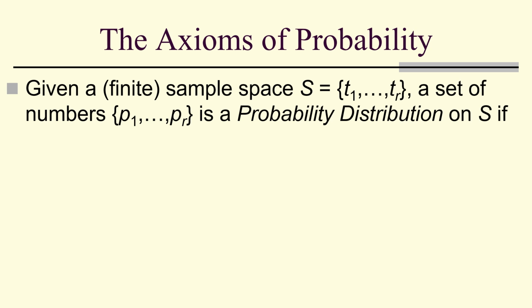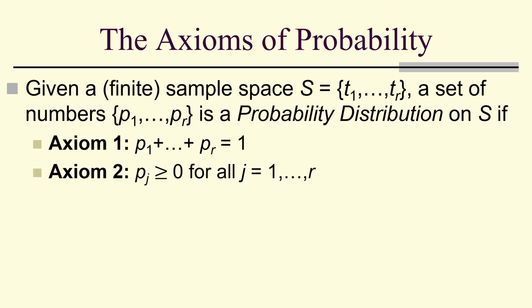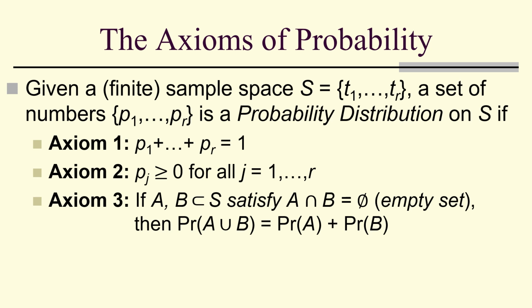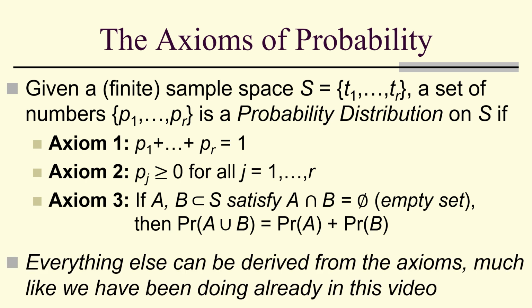Given a finite sample space S, a set of numbers P1 to PR is a probability distribution on S if their sum is 1, the P sub j's are non-negative, and for any two subsets whose intersection is empty, in other words, they're disjoint, the probability of the union of those sets is the sum of the probabilities respectively.